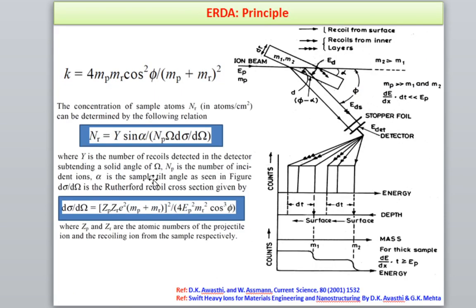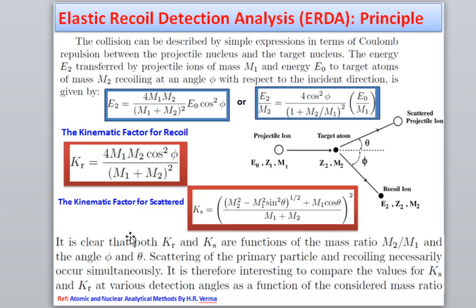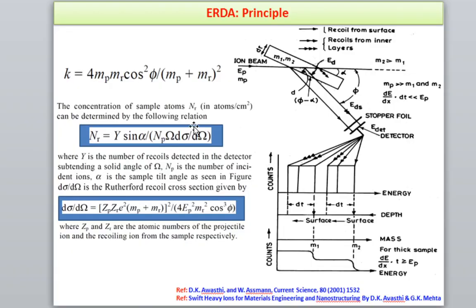Okay, so again, if you try to learn the principle of the RBS, so ERDA. Here I have tried to show, again I have chosen a different sample because I have taken this graph from a different paper, a different reference. This one was from the book by H.R. Verma, and this image I have taken from D.K. Avasthi and Walter Assmann from Current Science, a research journal.